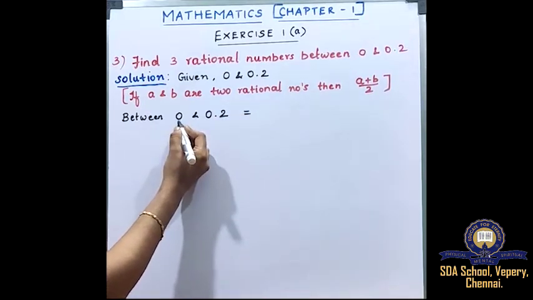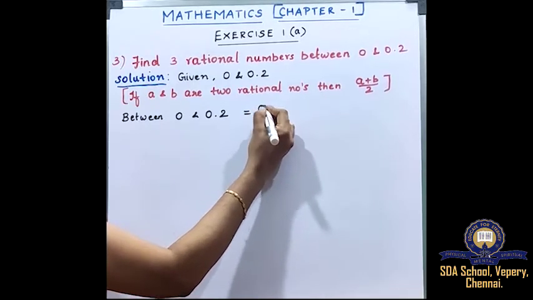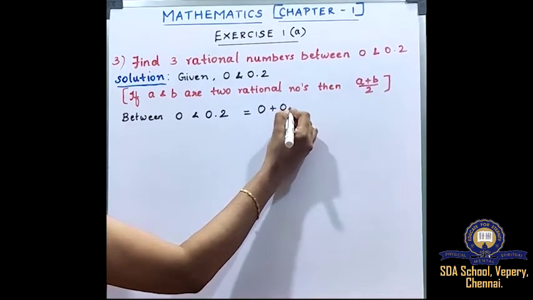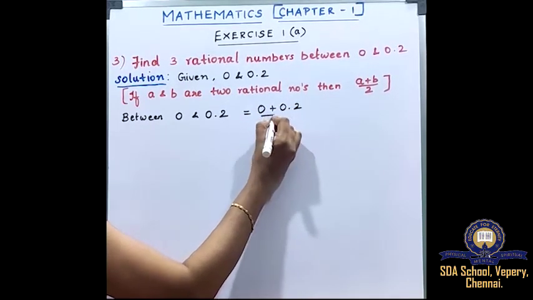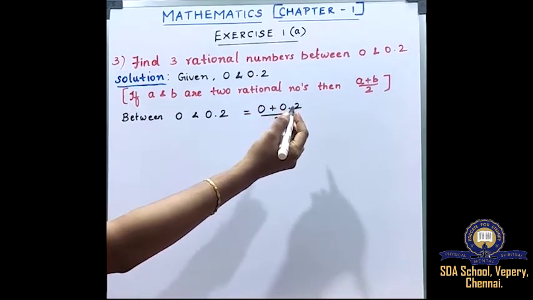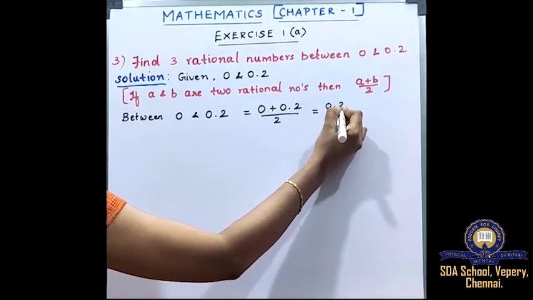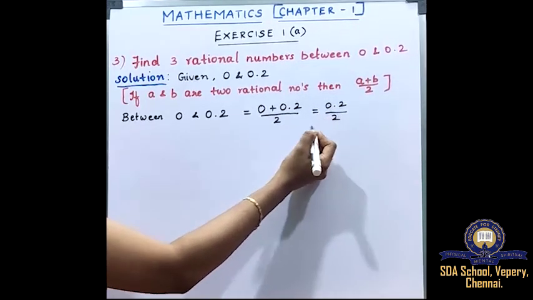Here A value is 0 and B value is 0.2. So 0 plus 0.2 by 2, right? So if you add this, what will you get? 0.2 by 2, right?